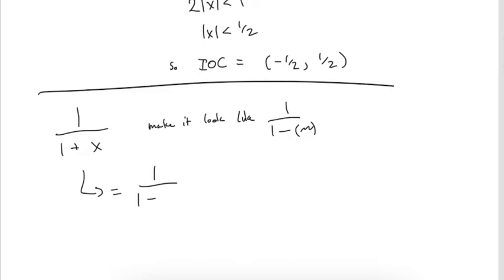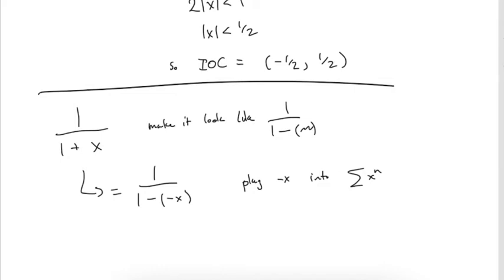Yeah, how about 1 over 1 minus negative x, right? And then from there, we plug negative x into the standard geometric series format. So we're going to plug minus x into this sum, right? The sum of x to the n. Just like in the previous example, we plugged in 2x everywhere. This time we're going to use negative x everywhere.